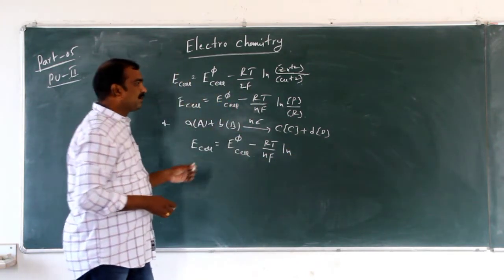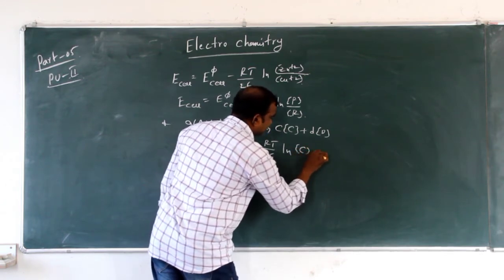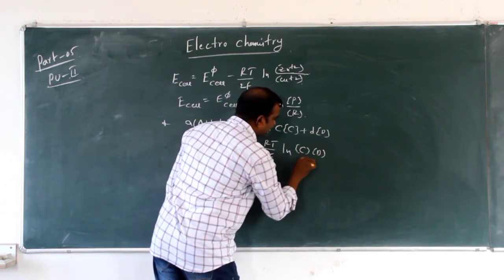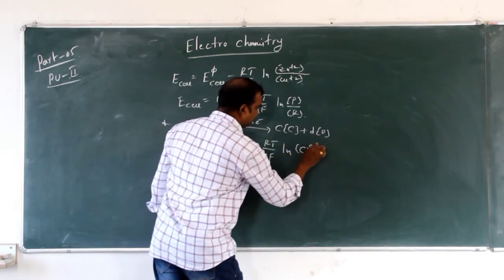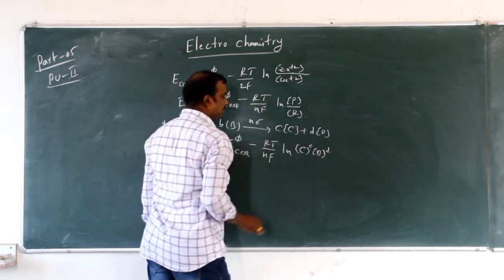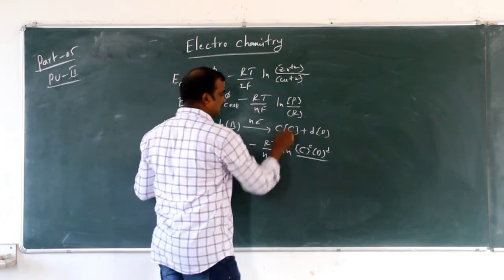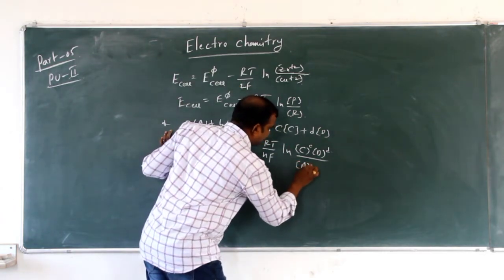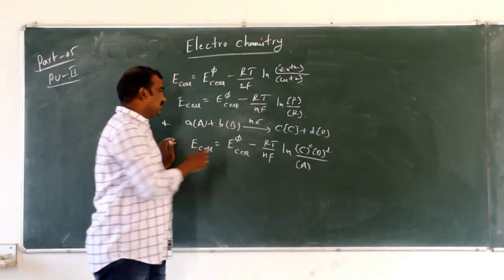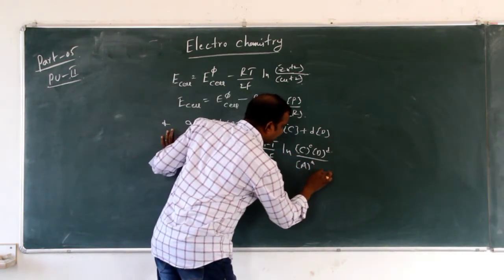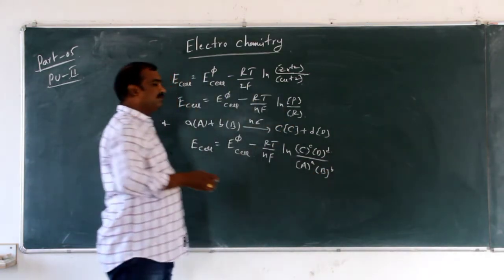What are the products here? Products concentration means C concentration into D concentration. So the number of moles of products gives C power small c, D power small d, divided by the reactants A and B concentration: A power small a into B power small b.